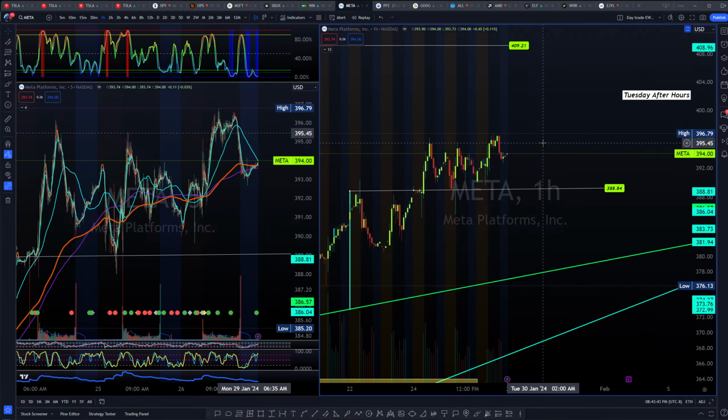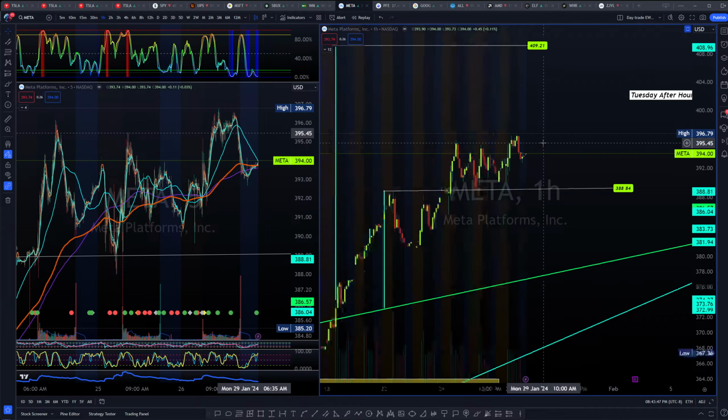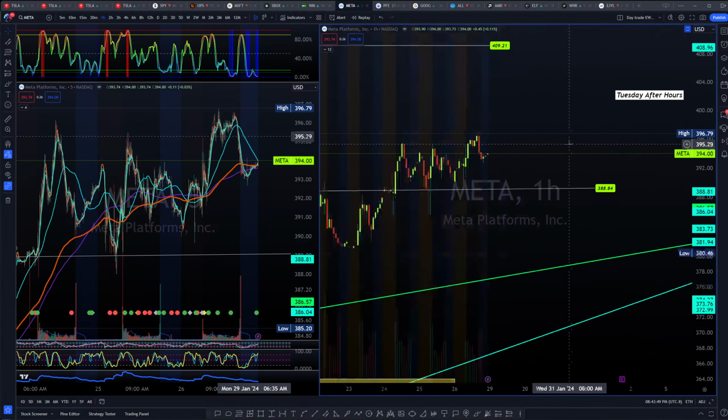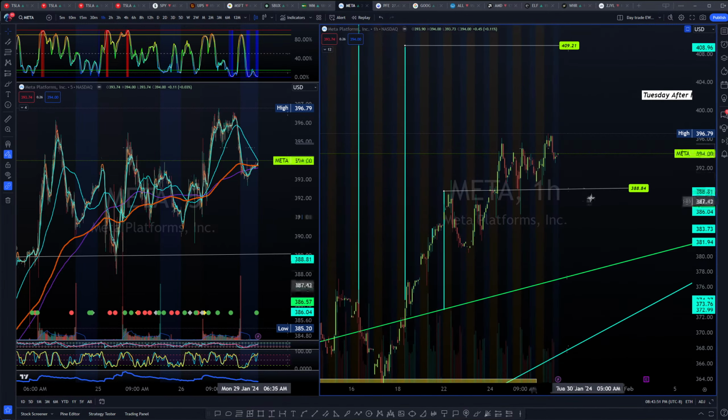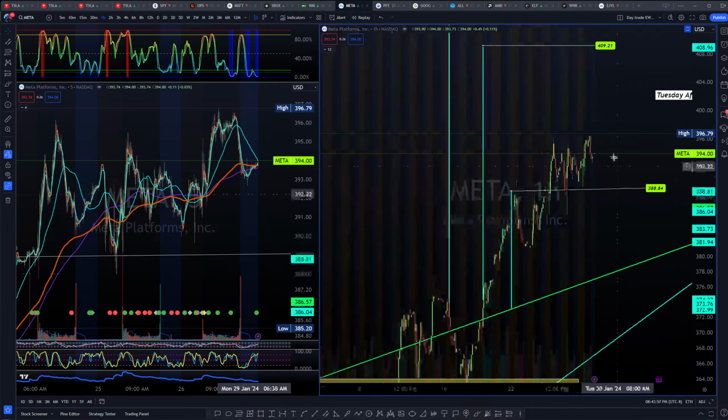Specifically Meta. I think it's getting ready for a decline. The decline feels like it would come back to test inflections down here at maybe 387 to 388, right after a short-term top around 395.49.